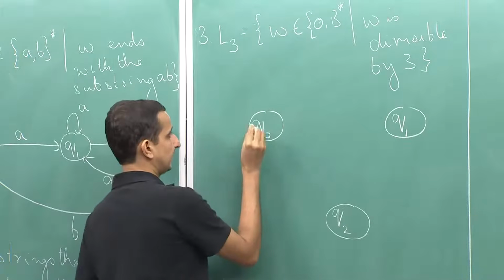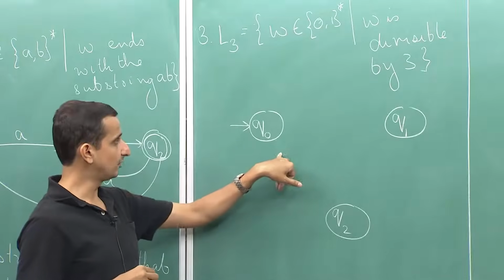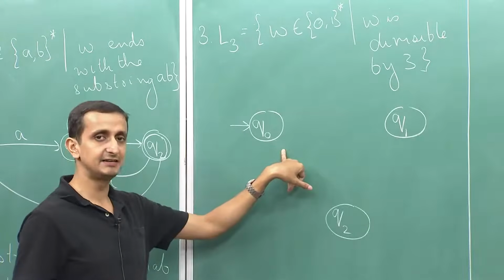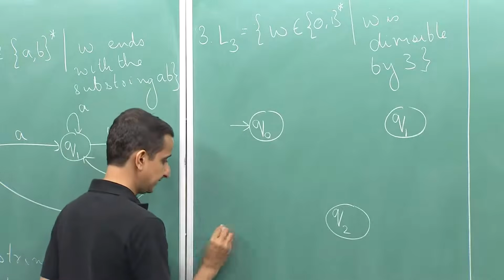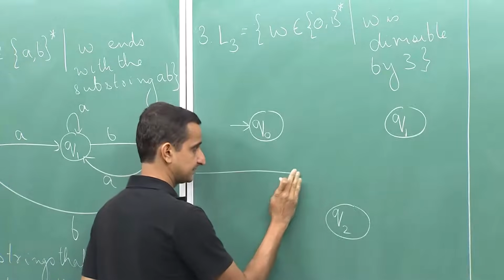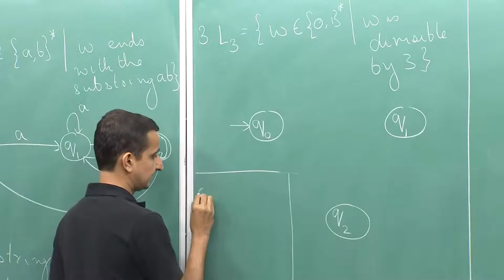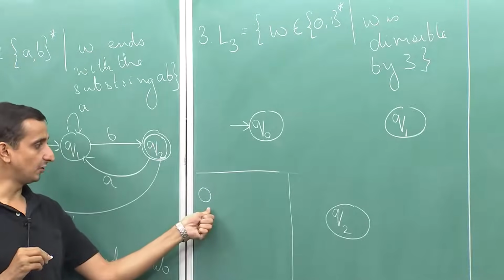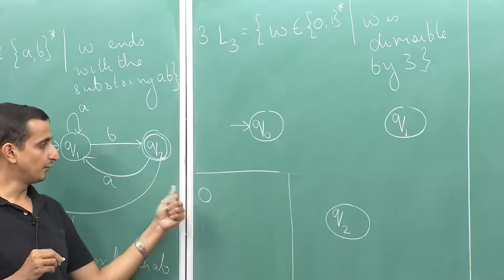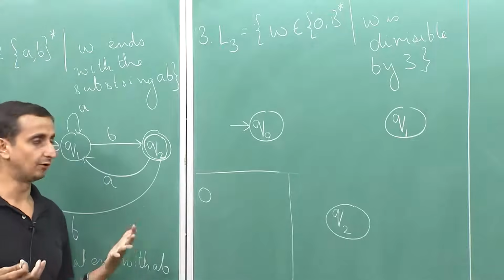So, we start at the state Q0, and from Q0 if we see a single 0, okay, so let us keep this as our workspace. So, what happens when we see a single 0? So, 0 is the string which when divided by 3 leaves a remainder 0, right.